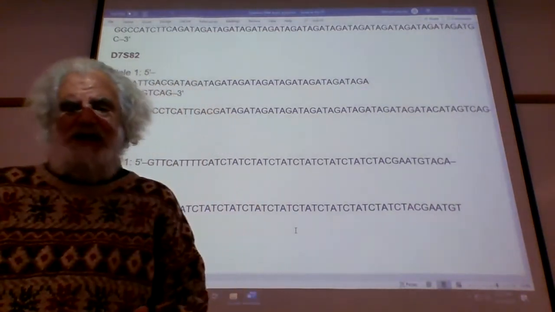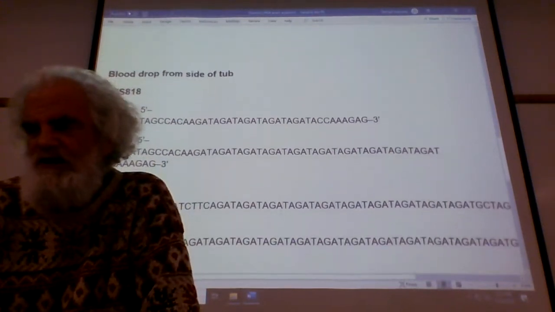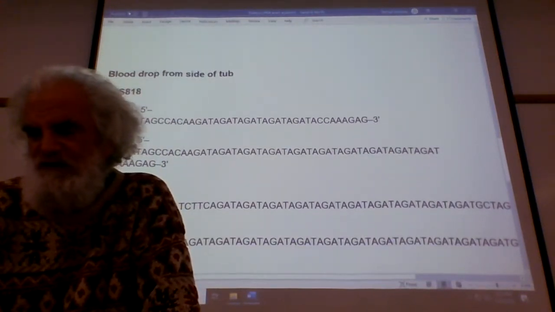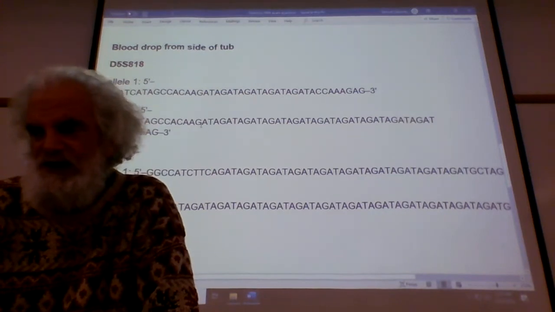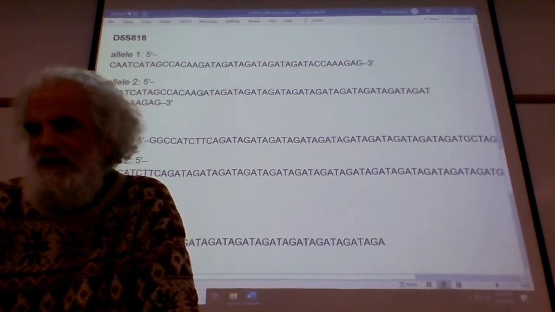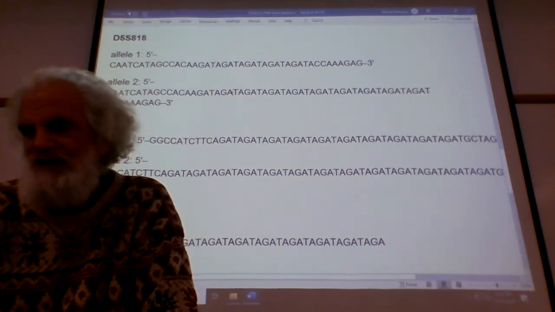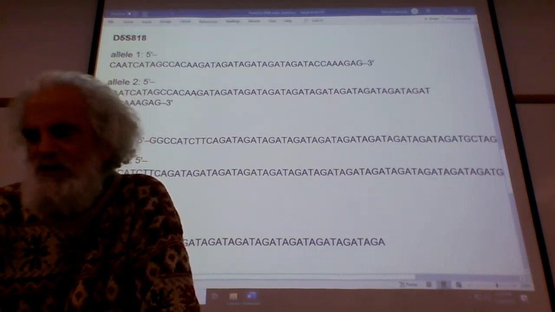All you do is go through and compare the sizes of these different fragments. You can also just look at the repeat sequence. And so you just get your best guess here. You have GATA, GATA, GATA is the repeat sequence for this one.